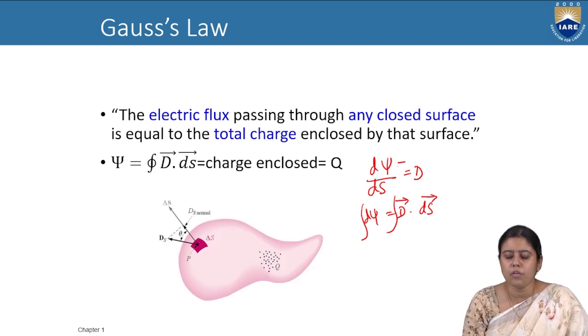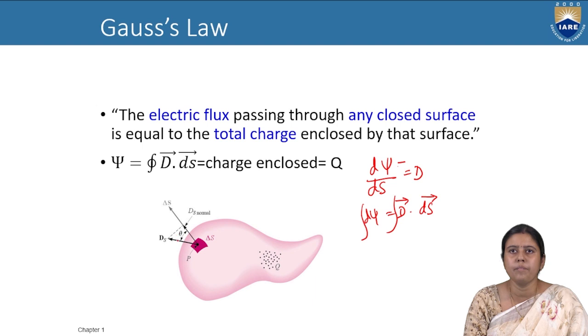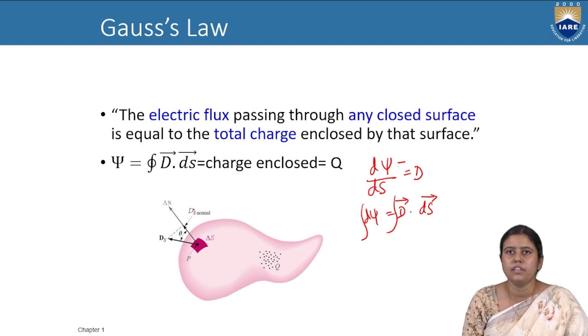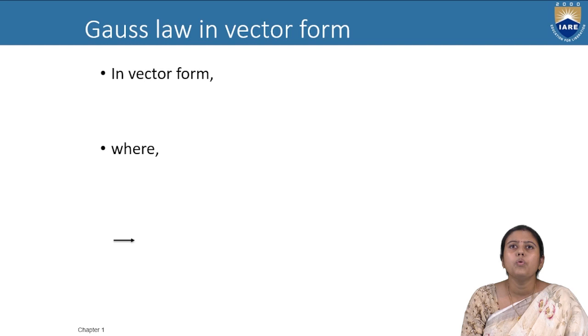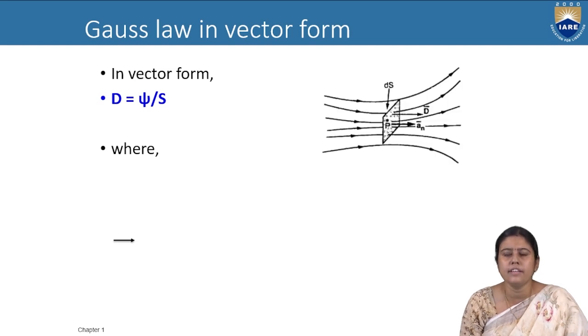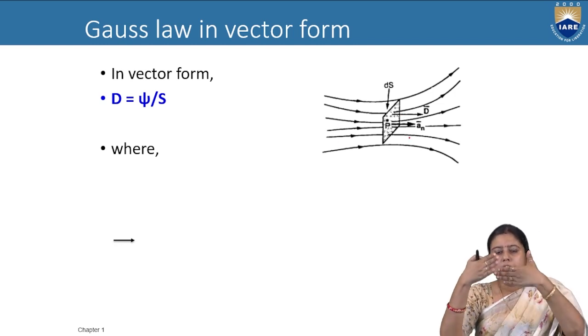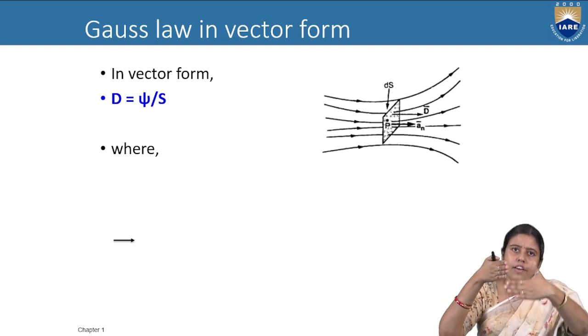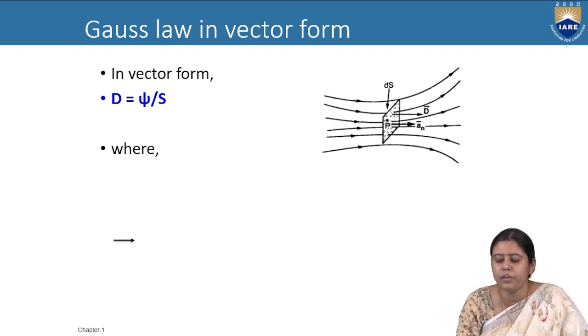If this is a closed surface enclosing charge Q, this is dS, and the flux and the surface are normal to each other. We can discuss it in vector form. If these are the electric lines of flux, the surface is always normal to them.